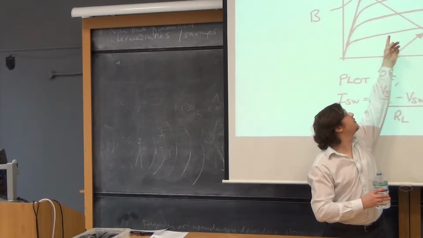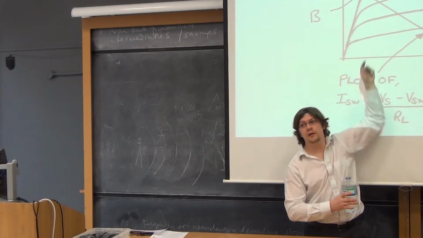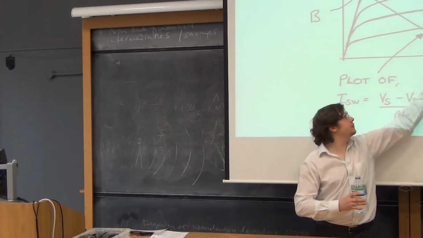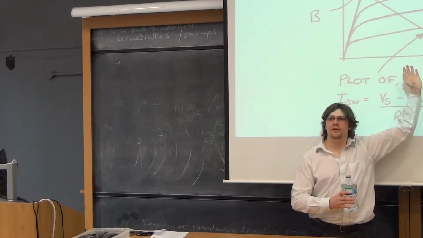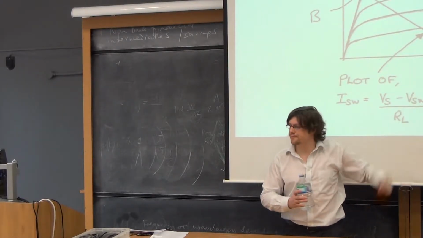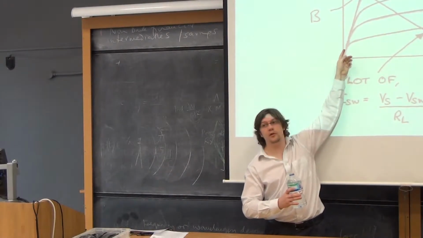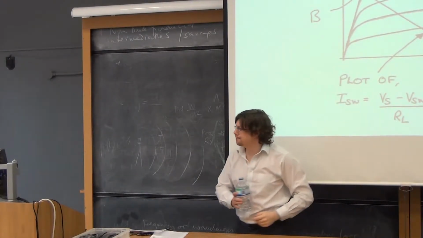It can't leave the line and it can never get past point B. The only way you can make it leave the line is to pick a different load resistor, and then you'll get a differently sloped line, and you'll traverse two different points. But one of them will still be on this axis, and one of them will still be up against this point where all the curves meet.